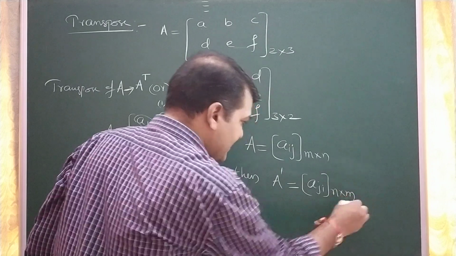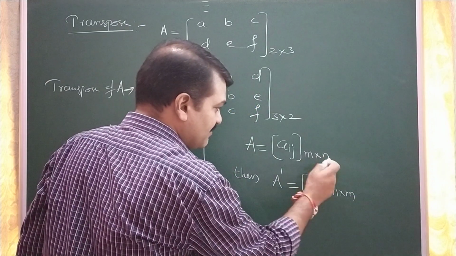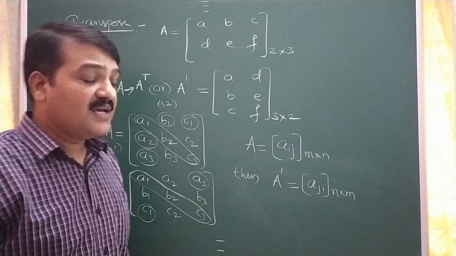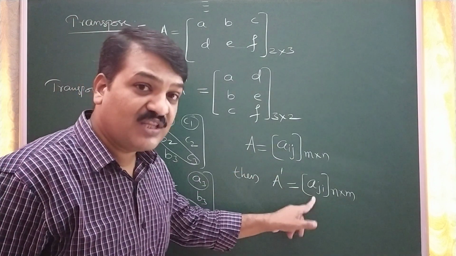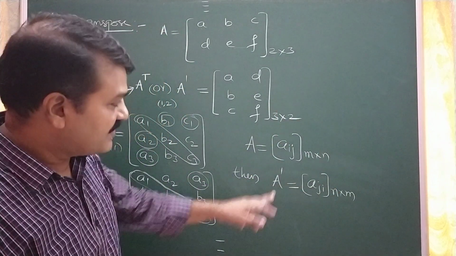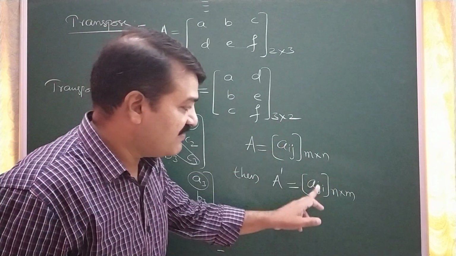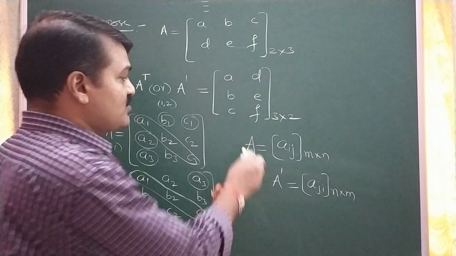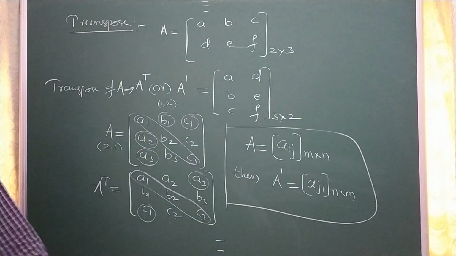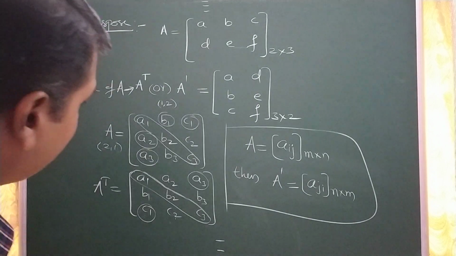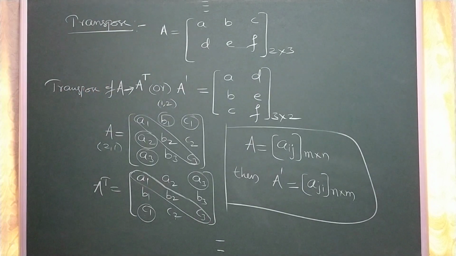So the order gets reversed: m cross n becomes n cross m, and the ith row jth column element goes to the jth row ith column. So therefore, instead of Aij, we will write Aji. This is the general form of writing the transpose of a matrix, and this is the basic definition of the transpose of a matrix.